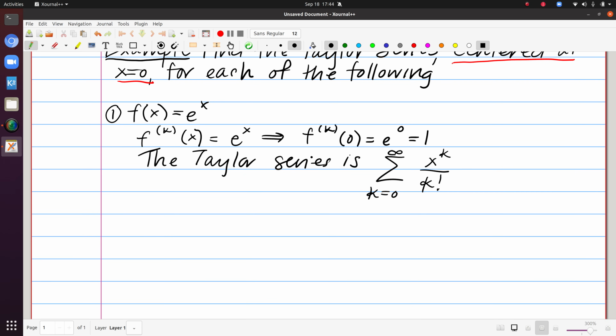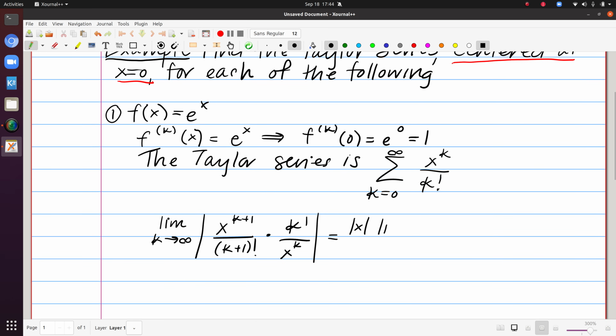Just a quick check, we can find the interval of convergence. If I took the limit as k approached infinity of the next term, x to the k plus 1 divided by k plus 1 factorial, times the reciprocal of the kth term, this would give me the absolute value of x times the limit of k factorial divided by k plus 1 factorial, which is the same as 1 over k plus 1.